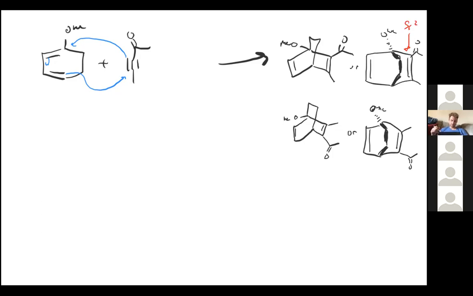All right, so taking a look at resonance. The easy one is the dienophile. Nope, that's backwards. And then the more complicated one, well, more arrows, will be the diene over here.